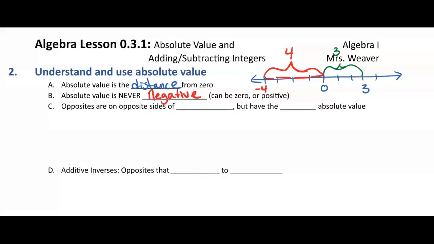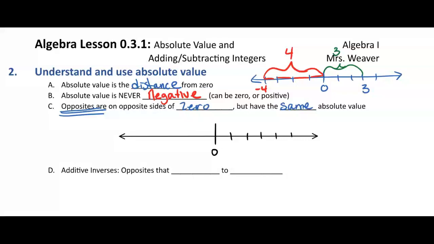All right, opposites. This is a special term, but it's under absolute value. Opposites are on opposite sides of 0, but have the same absolute value. So if I have a number line, 1, 2, 3, 4, 5 on each side, let's say I have 4 and negative 4.